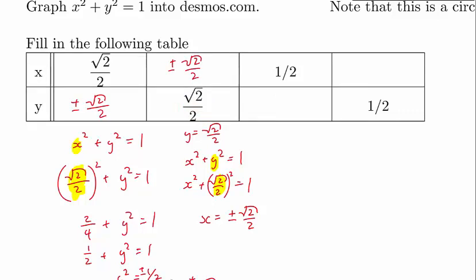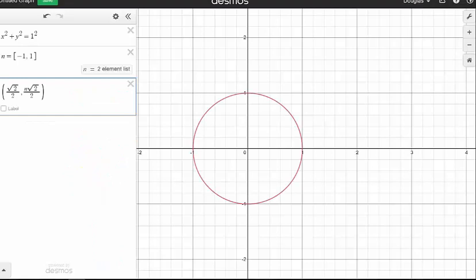Let's look at this on a graph. Alright, so now before, the point that we had before, the y coordinate was positive or negative. Now the x coordinate will be positive or negative. There we go.